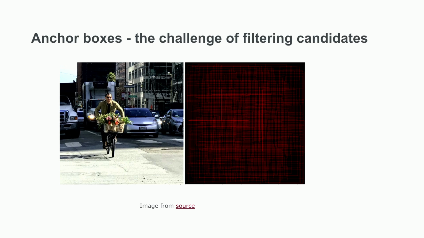So the right image here shows all candidate bounding boxes. We're going to have this class imbalance in which we're going to have too many negative examples. Most of the bounding boxes in the image correspond to background objects that we don't really care about. And this is going to tax the model. This is something that we need to filter out somehow, because we're going to have a computation overhead during inference.